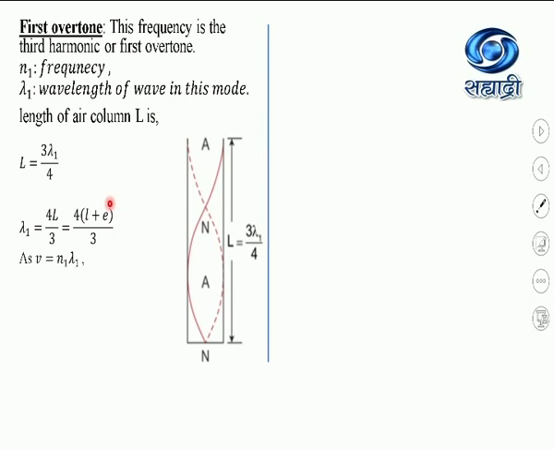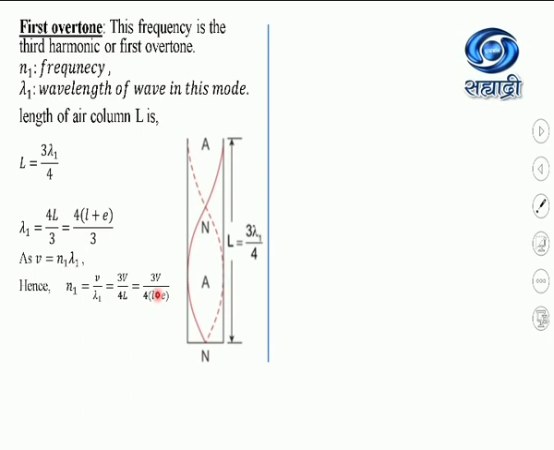So the velocity of the wave in this mode can be written as v = N1 lambda 1. From this, N1 = v upon lambda 1. Now we substitute lambda 1 as 4(L + e) upon 3 in the denominator, and we get N1 = 3v upon 4(L + e).